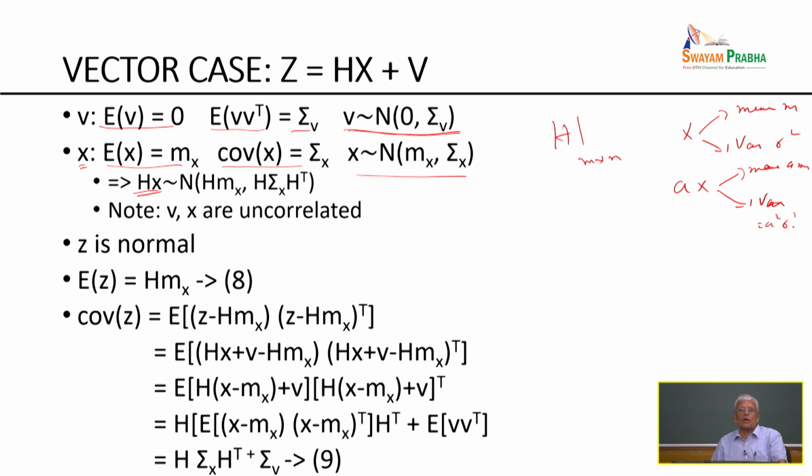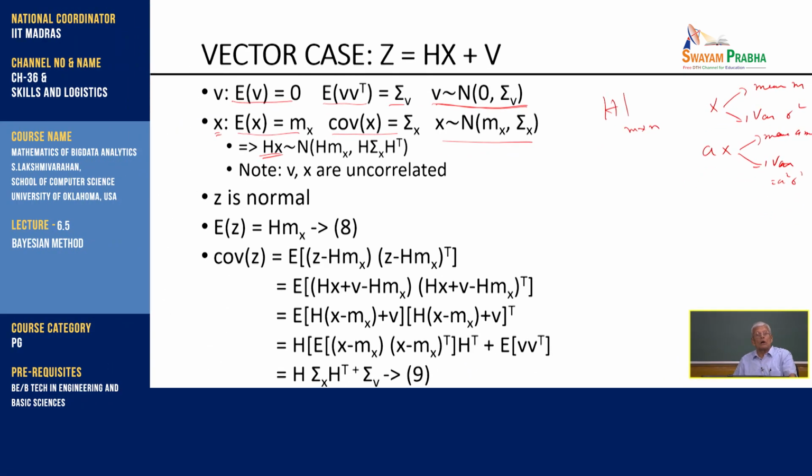If you multiply a random quantity by a scalar, the variance gets multiplied by the square of it. You should know.